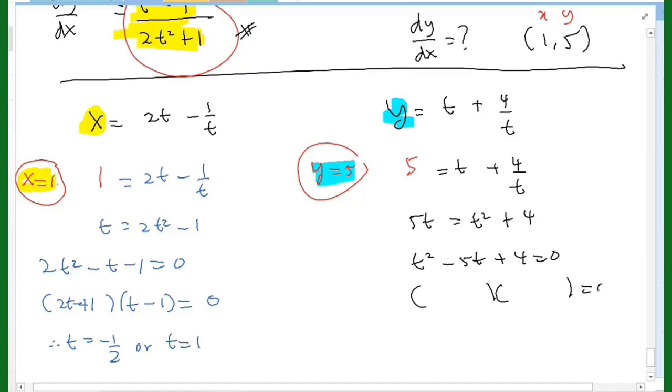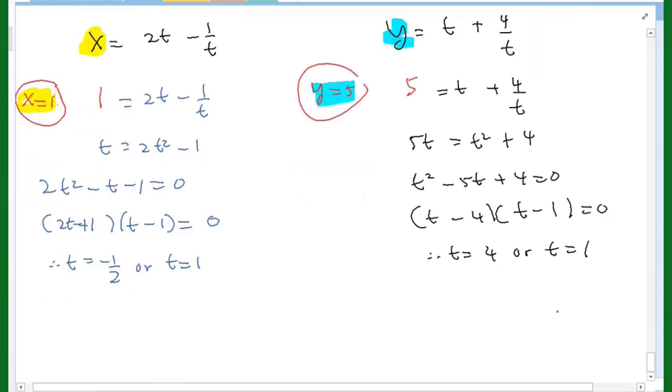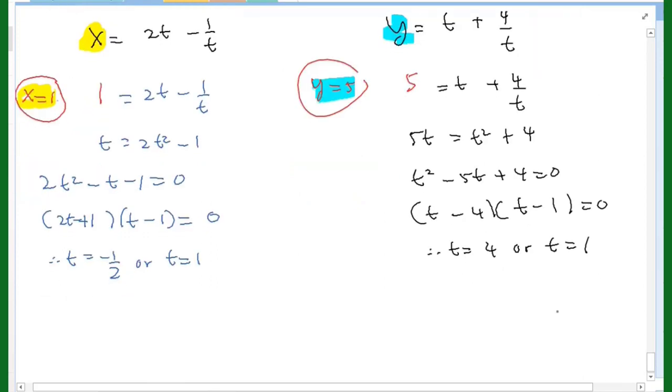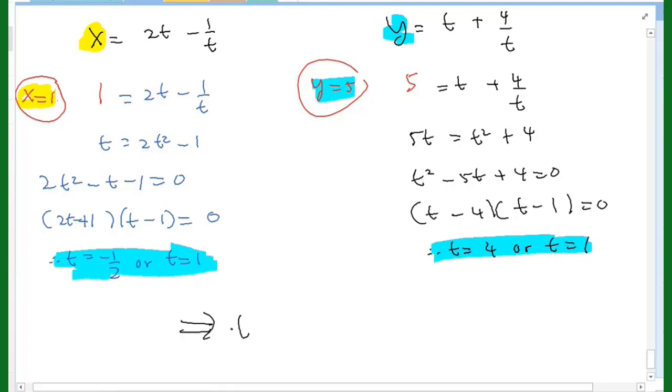Factorize. t minus 4, t minus 1, therefore t is equal to 4 or t is equal to 1. So compare lah, take the common value. Okay, so from the value of t, from x, from y, what we can conclude? Therefore, t is equal to apa?